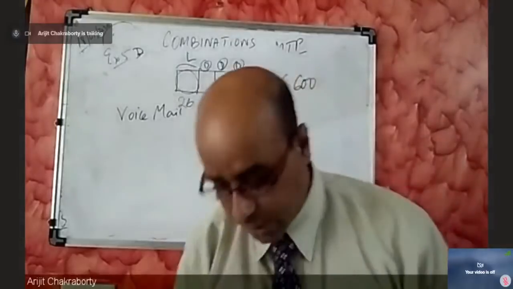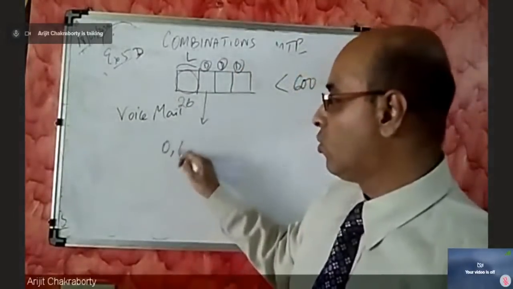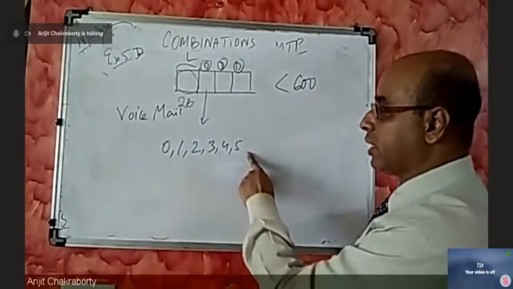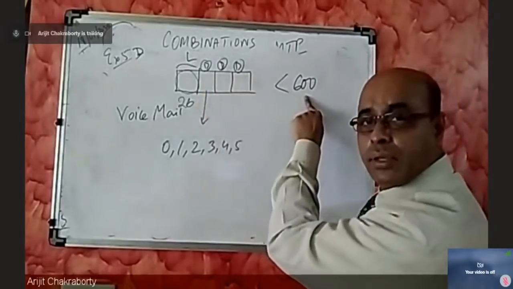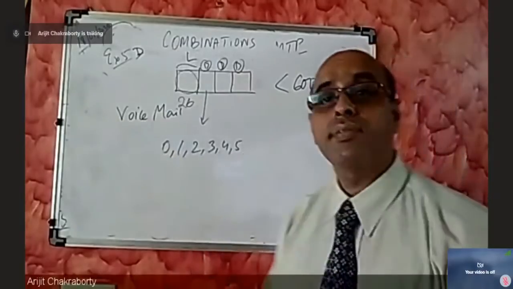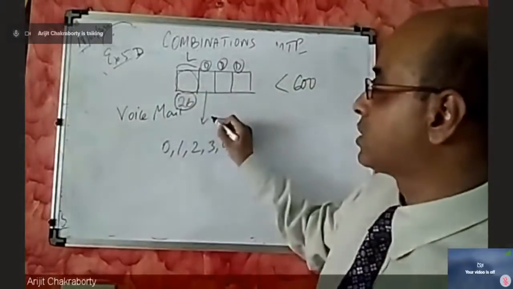So for this digit, your choices are 0, 1, 2, 3, 4, 5. You cannot keep 6, because if you keep 6 here, it will become more than 600. So you have 6 options. So I write 6 here.